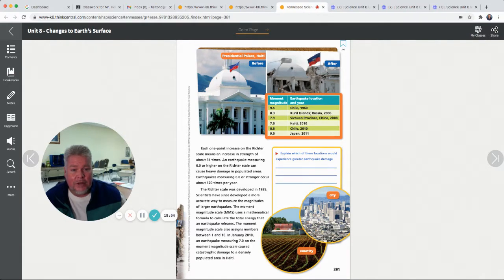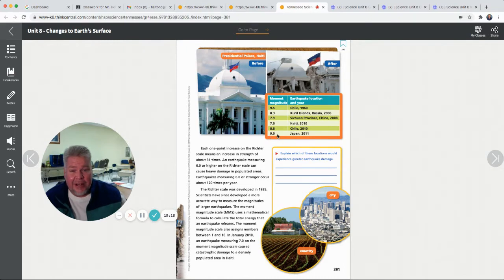In Russia in 2006, an 8.3. In China in 2008, a 7.9. Haiti in 2010, 7.0. Chile again. Chile has a lot of earthquakes. It must sit right on the fault line where the two plates meet. An 8.8. In Japan, 2011, the most recent one on here was a 9.0.